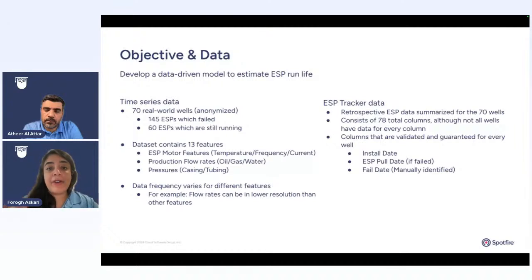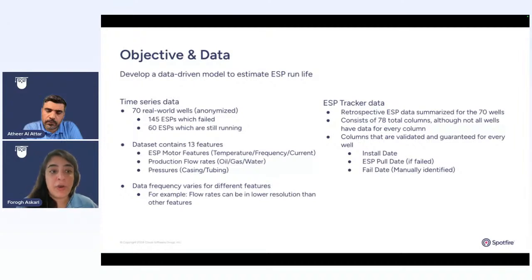We also have an ESP tracker data set that summarizes all of the ESP data within the 70 wells that we have access to. There are tons of columns within that data set, with information around the installation dates, the failures, and the work orders, for example, that may have been associated with a particular failure or maintenance event.